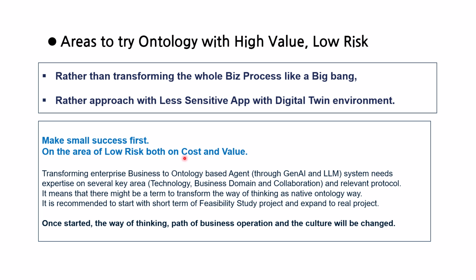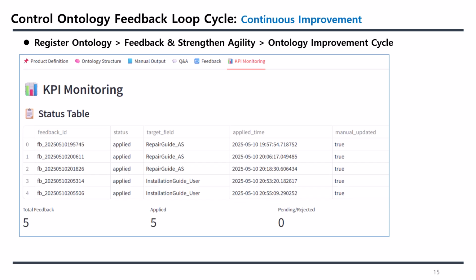So we have to show the success case first. Once started, we become aware of the way of thinking through the ontology, and the path of business operation and the culture of the enterprise will be changed. So there should be a continuous improvement cycle.